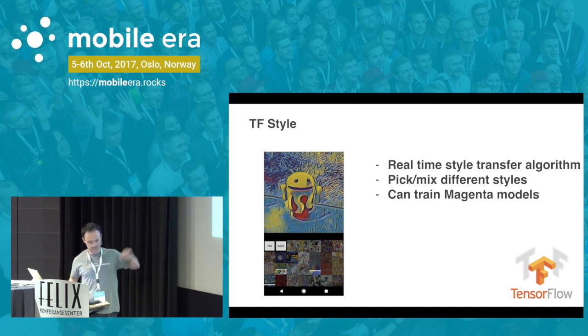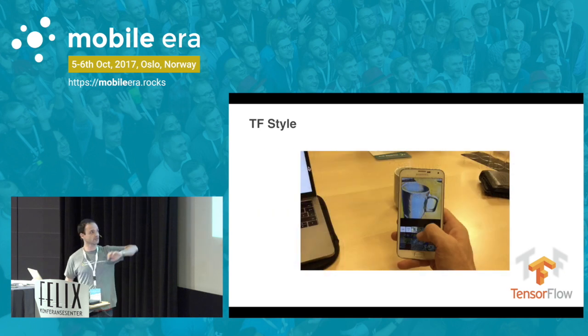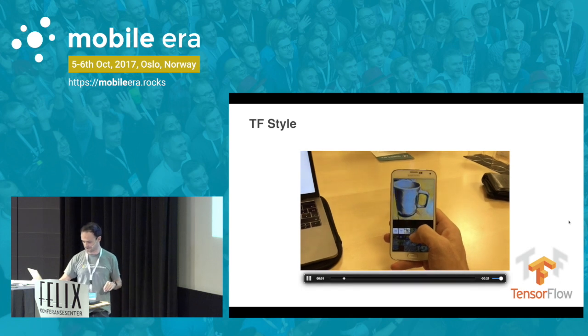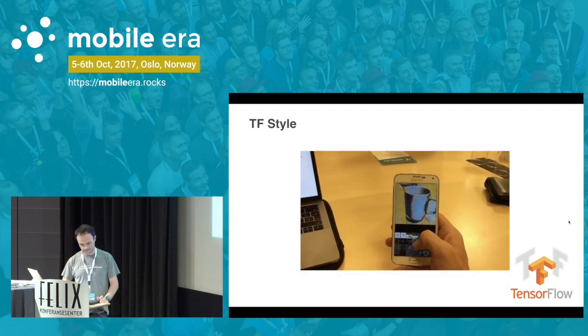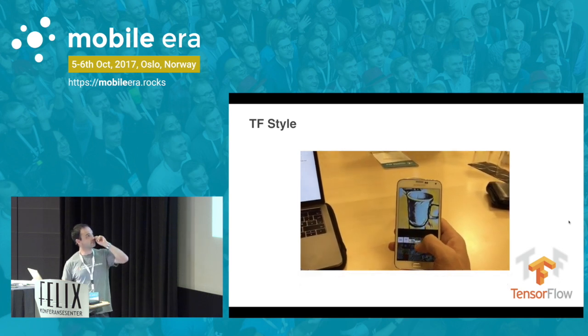And yeah, in this demo we can record here. We can use Magenta models, so we can add artwork generated by computer, and we can mix or combine it in real time. Here it goes, by the way, a little bit slow, but this is a Samsung S4. I think my old phone got broken, so I have this one that is not particularly fast. For example, this is how it works.